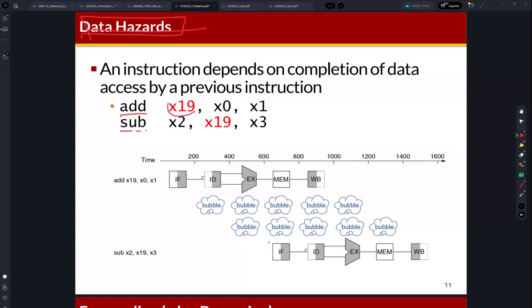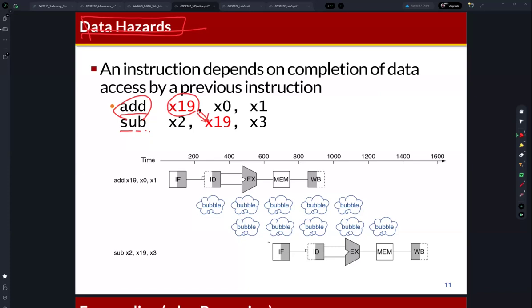X19 is the destination register of the add instruction, and the following sub instruction uses the result from the add instruction. This situation is very frequent, because we write code like this: A equals B plus C, and then T equals A plus 1. So what's the problem?